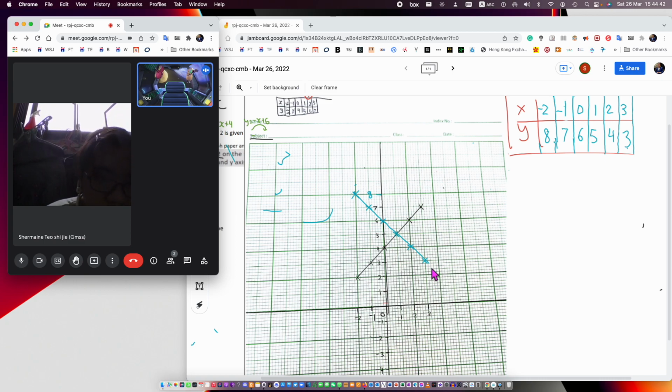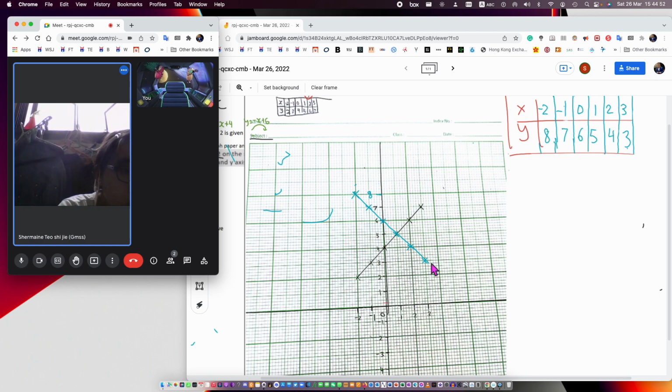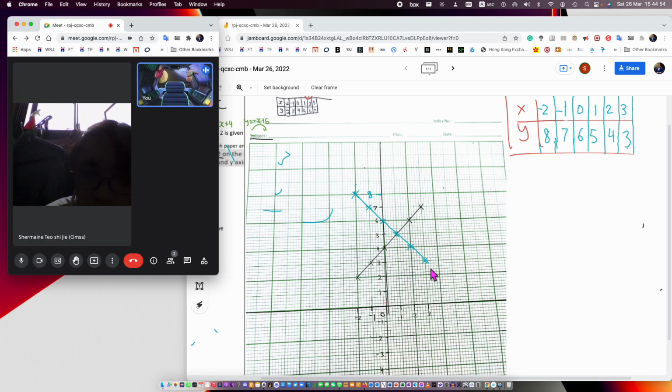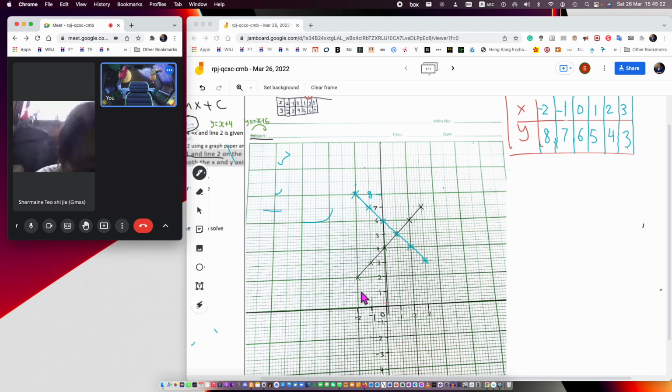Okay, are you supposed to cross over the tree? No. Then how come your line looks like it crossed beyond 3? Use an eraser, erase.